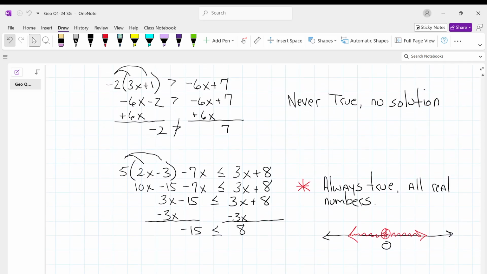The graph of never true, no solution. We do a number line, we put 0 on it, and then all it gets is an open circle. That's your symbol for no solution. We're not graphing anything.